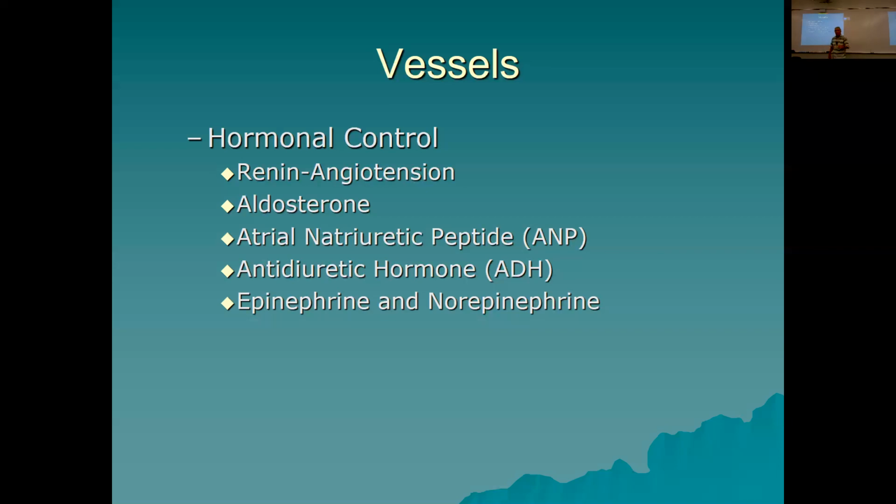Epinephrine and norepinephrine are the postganglionic neurotransmitters for the sympathetic nervous system, and what they deal with is the constriction of blood vessels. These are two hormones that will affect your blood pressure, but not by affecting blood volume. Like I said, a lot of hormones affect blood pressure by affecting blood volume, but not epinephrine and norepinephrine.